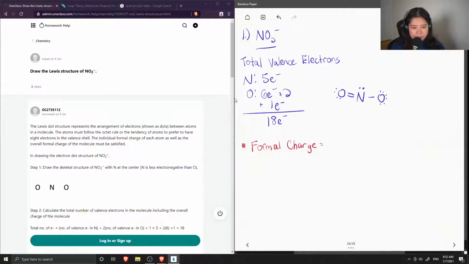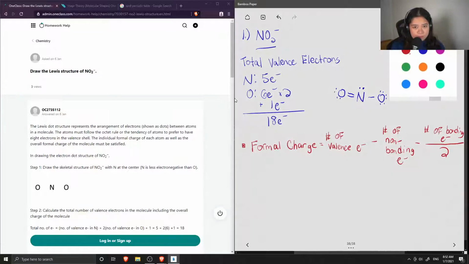Its equation is the number of valence electrons, minus the number of non-bonding electrons, so these are all the electrons in the lone pairs, and lastly, minus the number of bonding electrons divided by 2. I'll label the 2 oxygens 1 and 2.